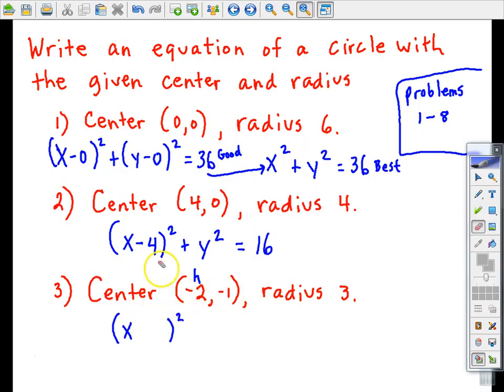So just be careful. A lot of the people today were saying, isn't it really just the opposite? And that's true. It does end up being just the opposite of the way it looks in your equation. And so we're going to let this equal radius squared. 3 squared would be 9. So that would be my answer for number 3.